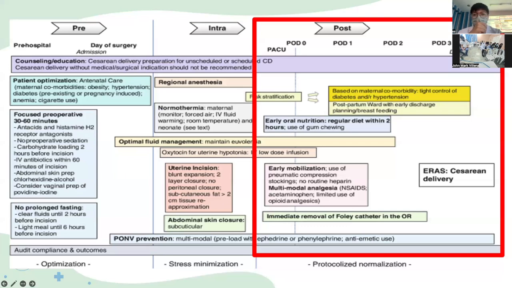According to the guidelines, advance to regular diet, ideally within 4 hours post-cesarean as tolerated. This includes ice chips and/or water within 60 minutes post-cesarean. Early oral intake leads to accelerated return of bowel function, reduced hospital length of stay, and no increased rates of complication.